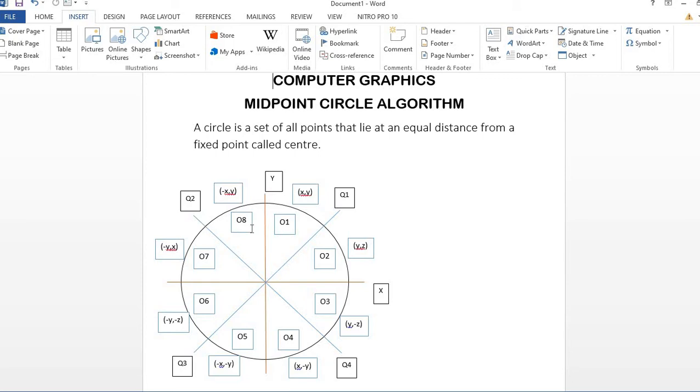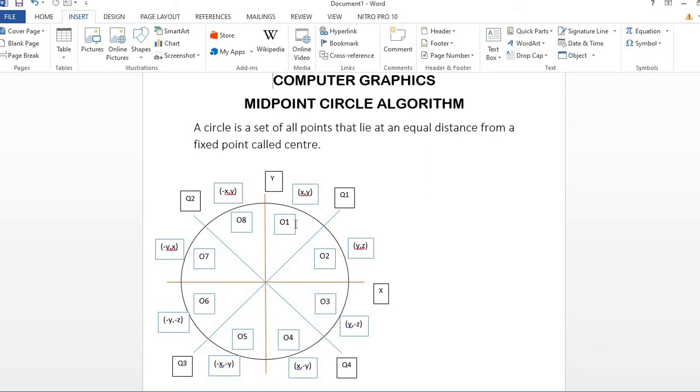In this, we use the midpoint algorithm to calculate all the perimeter points of the circle in the first octant and print them along with their mirroring points.